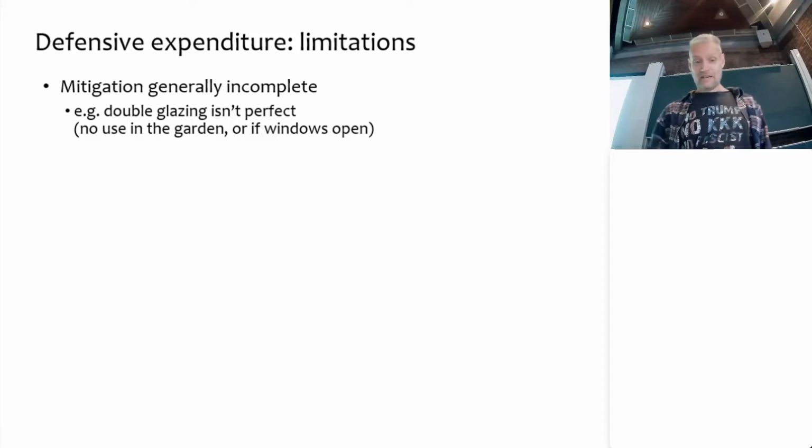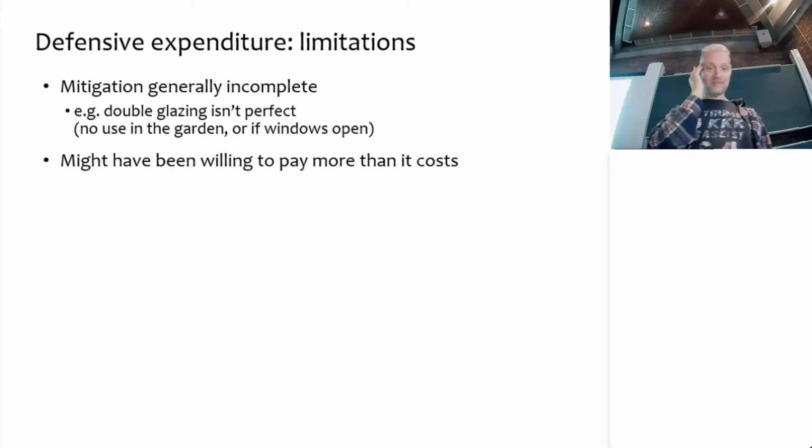There's other problems with this approach. Mitigation is generally incomplete, right? Double glazing helps against noise if you're in the house, but you may also want to spend time in your garden. Or in summertime you may want to open your windows, and then double glazing really doesn't help.